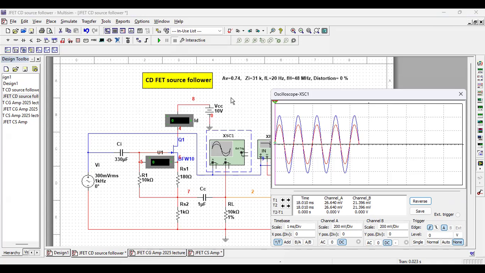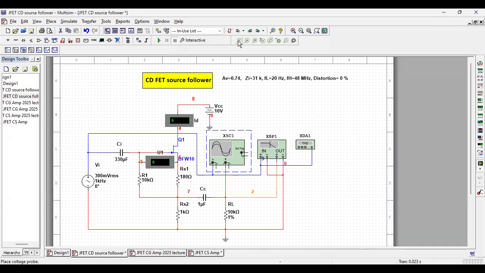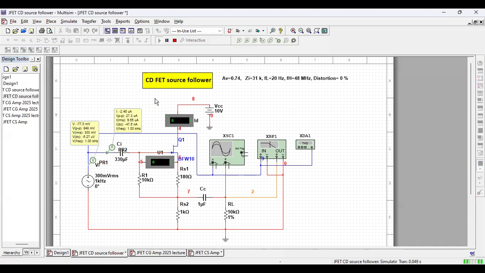And here, for impedance matching, if you measure the input current and input voltage, what I find is that the current peak to peak is 27.3 microampere, voltage peak to peak is 848 millivolt.